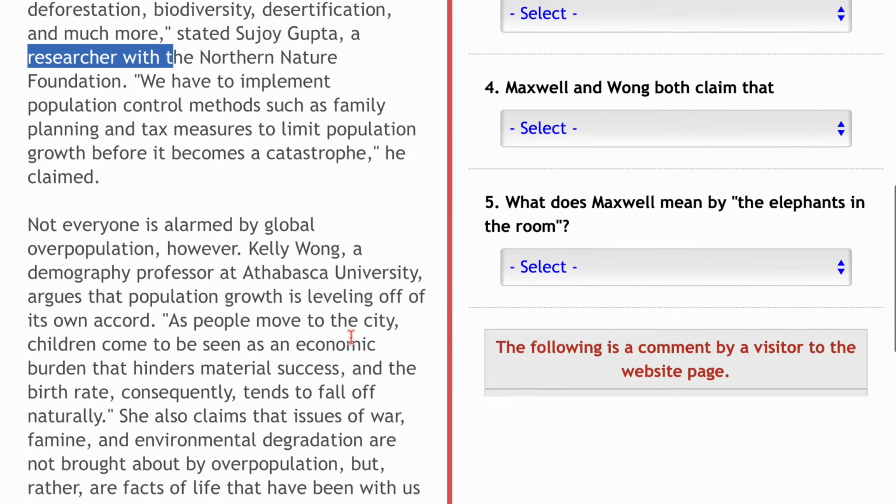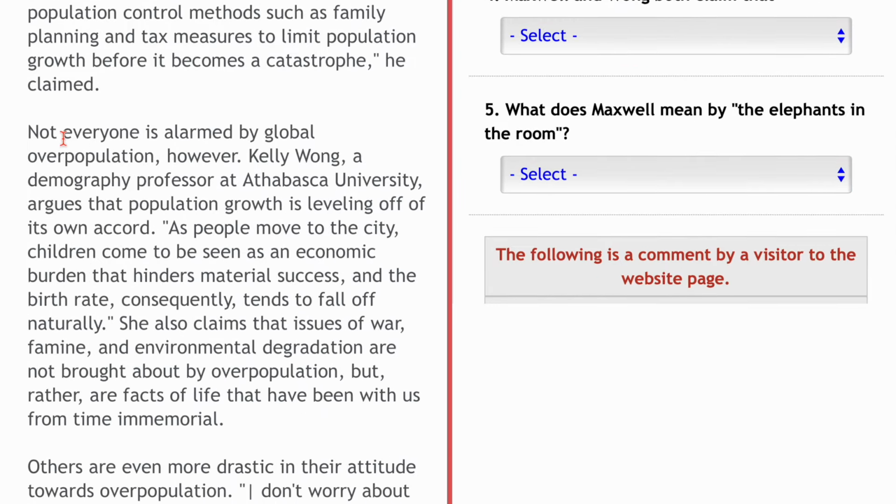Wong, we're going to read about Wong now. Not everyone is alarmed, okay? We have to take note of these expressions. Not alarmed. Kelly Wong is not alarmed about population growth. A demography professor, okay, so professor, this is the professor, at Athabasca University, argues that population growth is leveling off, stabilizing.